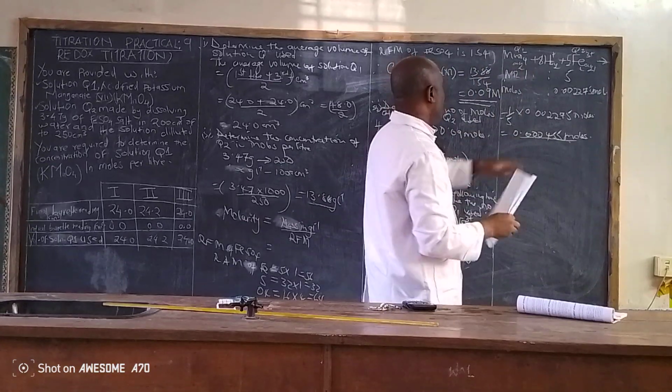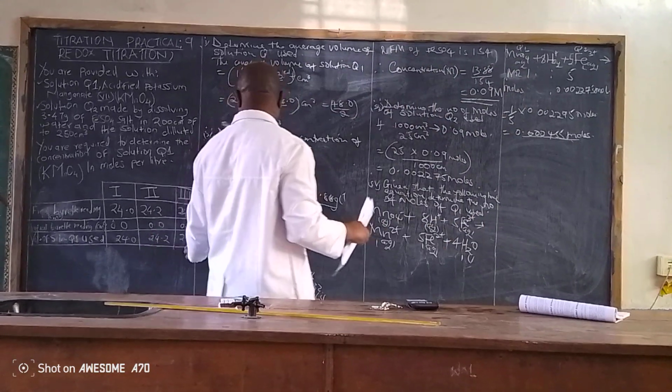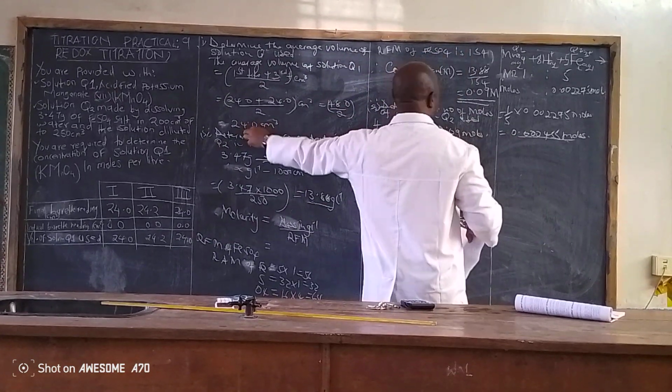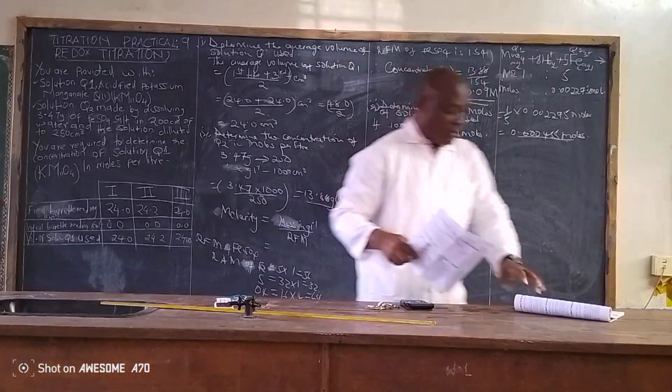So these are the number of moles that were in 24 cubic centimeters of that solution. Here, these are the number of moles. We have answered that.